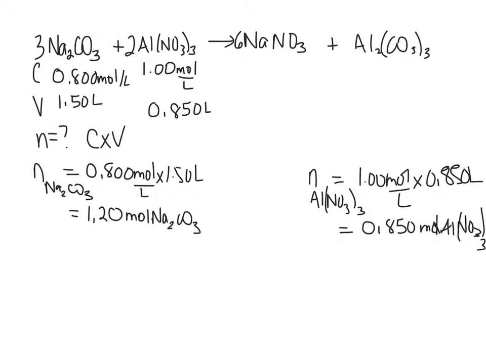Once you have those values, convert them to moles of product. So 1 mole of aluminum carbonate for every 3 moles of sodium carbonate.